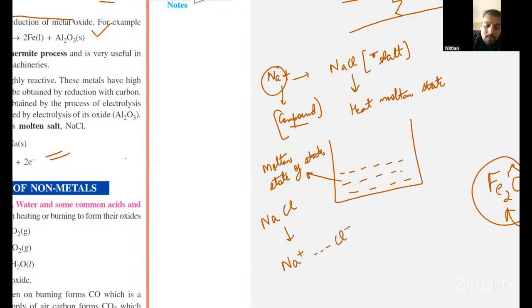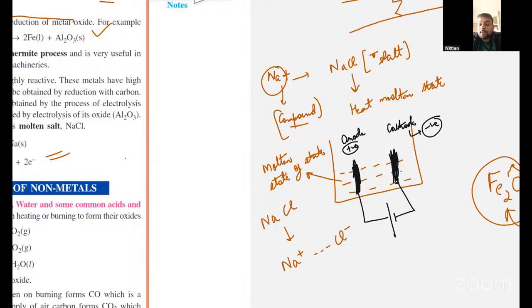Now what will I do? Now I will take two electrodes. The first is the anode and the second one is the cathode. The plus one is called the anode and this is called the cathode. So the anode is the positively charged terminal electrode and the cathode is the negatively charged terminal electrode.